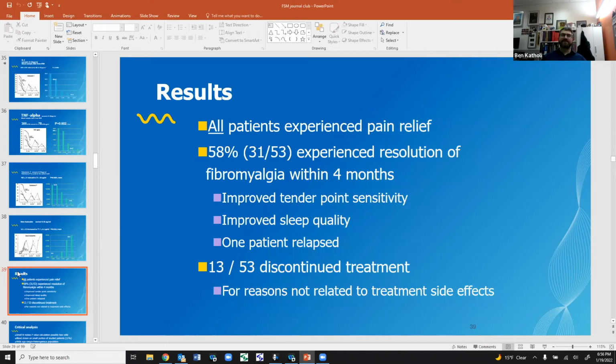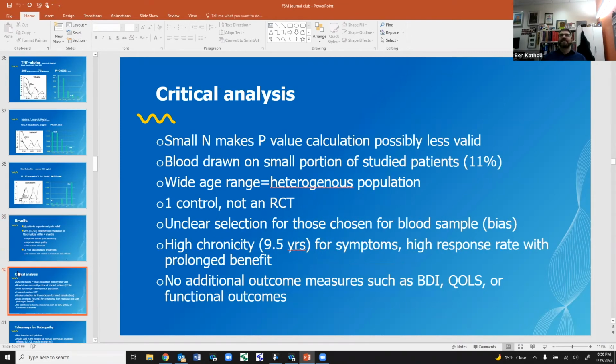So let's drill a few holes in the study, because we said a few things. This isn't a huge group, and when we've talked with statisticians, calculating the p-value in this sample size would be tough.